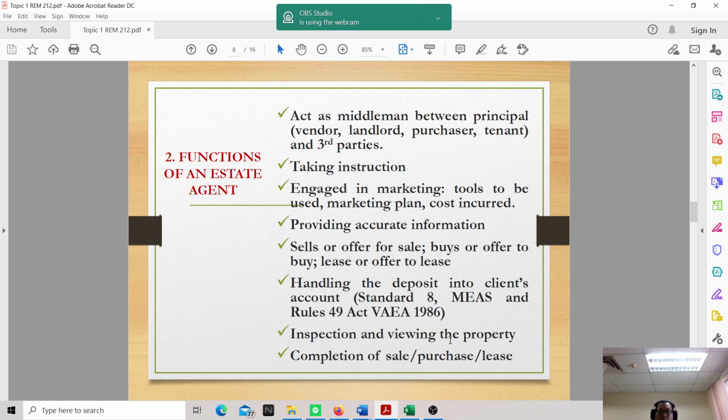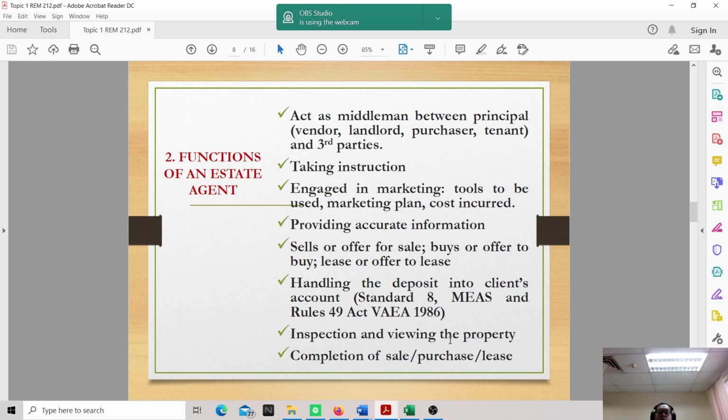Okay. And another function is for you to inspect and view the property, and assist in completing the sale, purchase or lease, whereby for a big transaction like sale and purchase, of course all the legal documents will need to be drafted and provided by a solicitor or a lawyer.